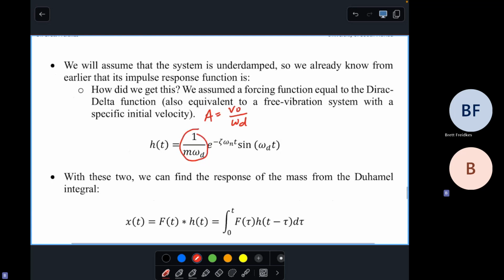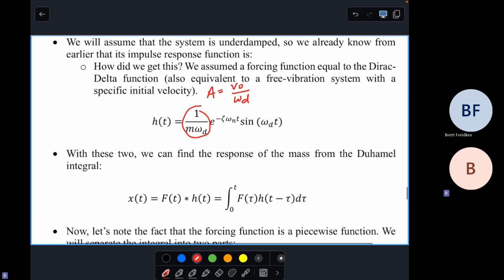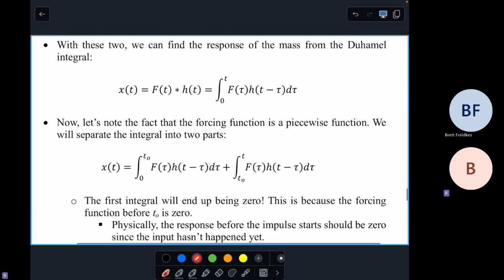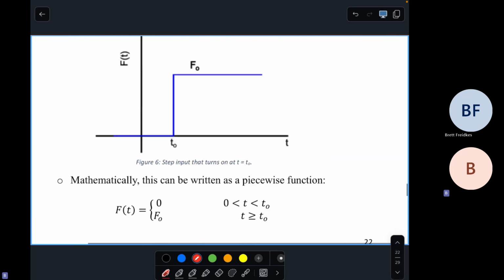So we could take H of t and convolve it with that force, which is F naught. In this problem specifically, it is 0 from 0 to t naught, and then it's F naught from t naught onwards.